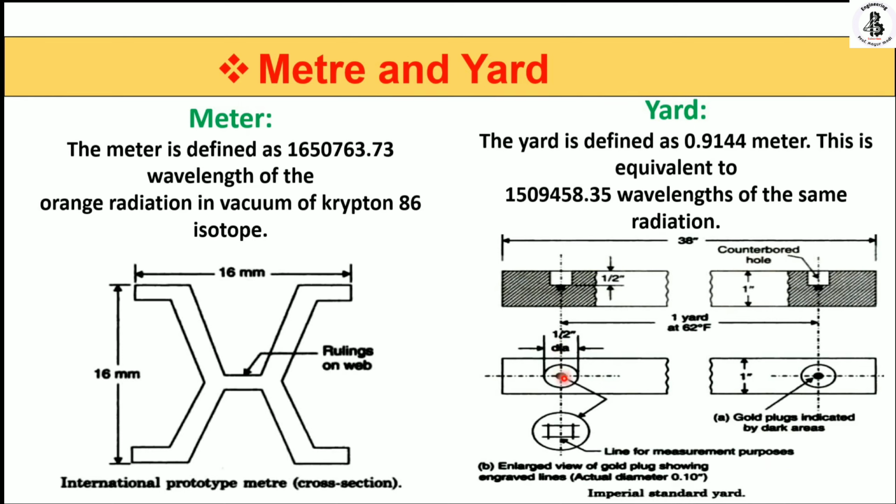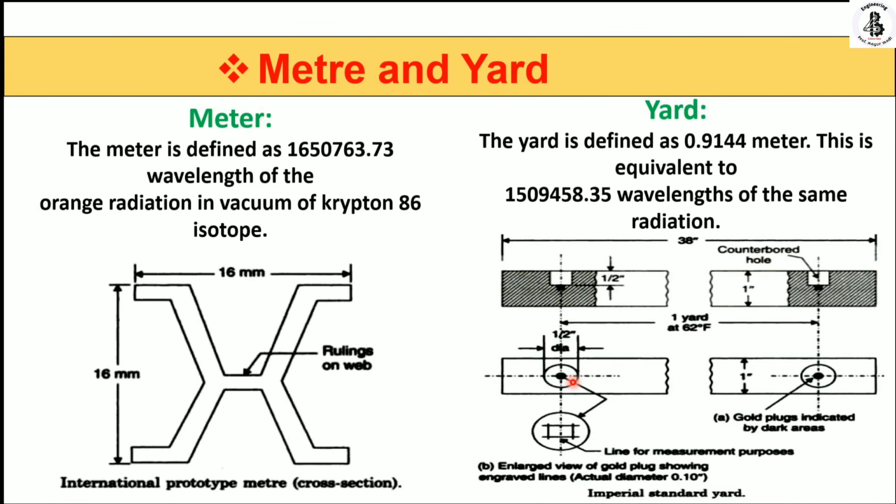Just you can see, that is our gold plug, indicated by the dark areas. This gold plug of 0.1 inch diameter has 3 lines engraved transversely and 2 lines longitudinally, and is inserted into these holes so that the lines are in the neutral plane.